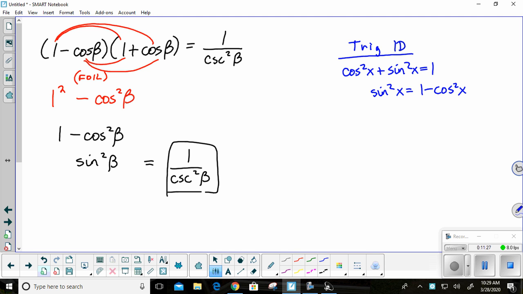Again, these are the same thing. That's what we're doing. Okay? Sine is the inverse of cosecant, or cosecant is the inverse of sine. All right, this was another like baby step one. Okay? So you've got to fill in the blanks on the steps on your homework.